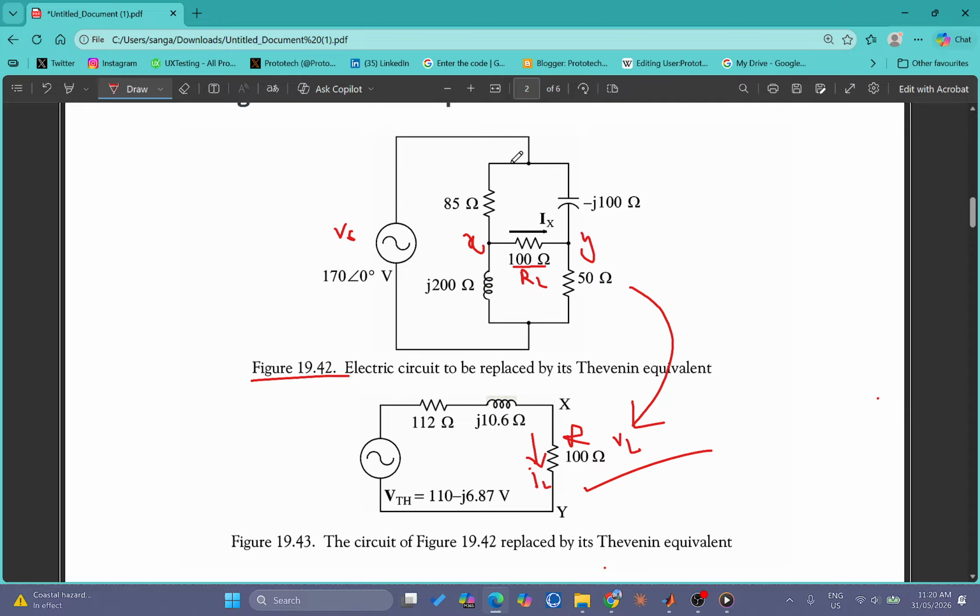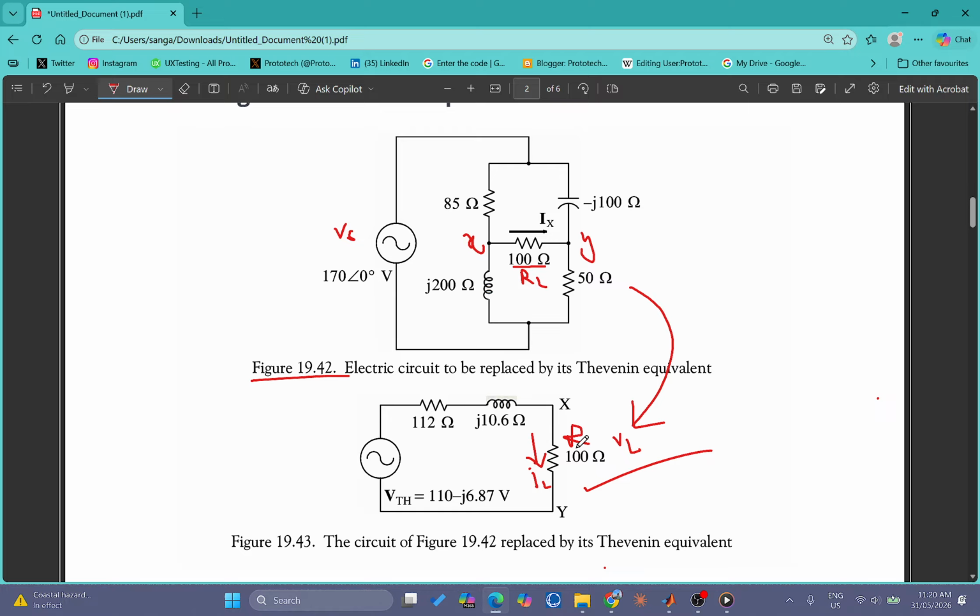What we have done is simplify this complex electric circuit into the simpler Thevenin circuit. We have the Thevenin source, then the Thevenin impedance, and the load is connected back.